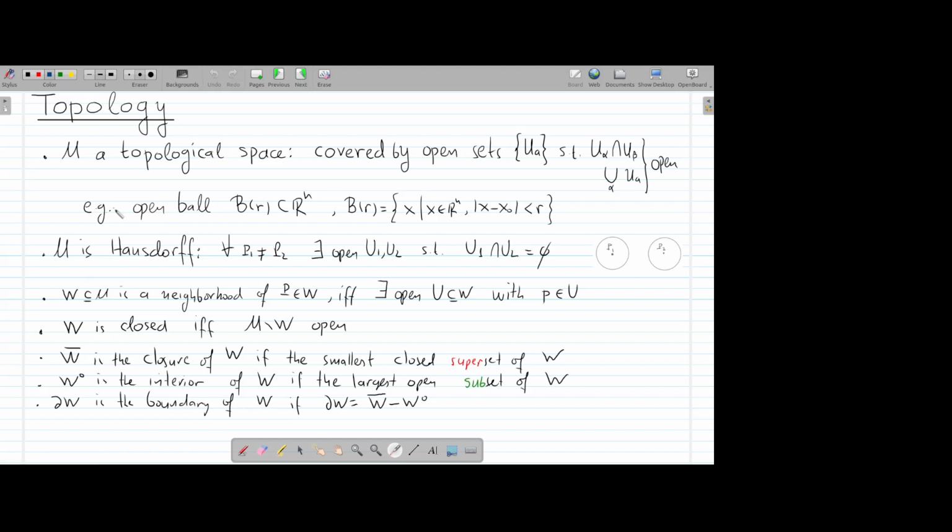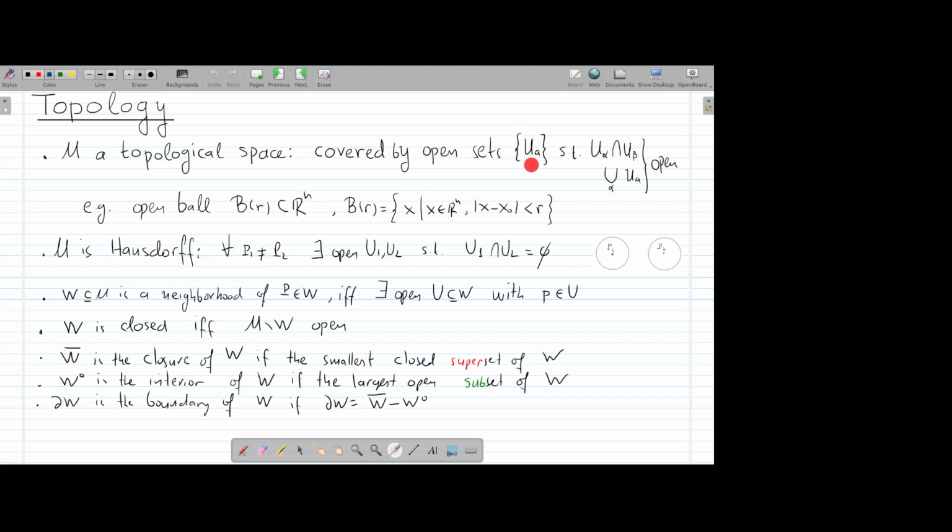So let's start by saying what is a topological space. So M is a topological space if it is endowed with a structure that comes from unions of sets, which we call open. And this set of sets has to have the property that if we take the intersection of two of such members, or in fact the intersection of any finite number of those, then this will also be an open set.